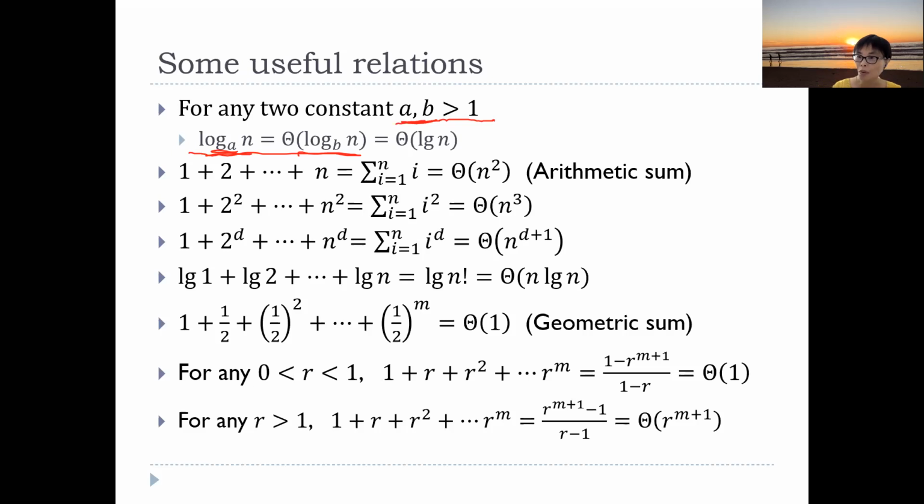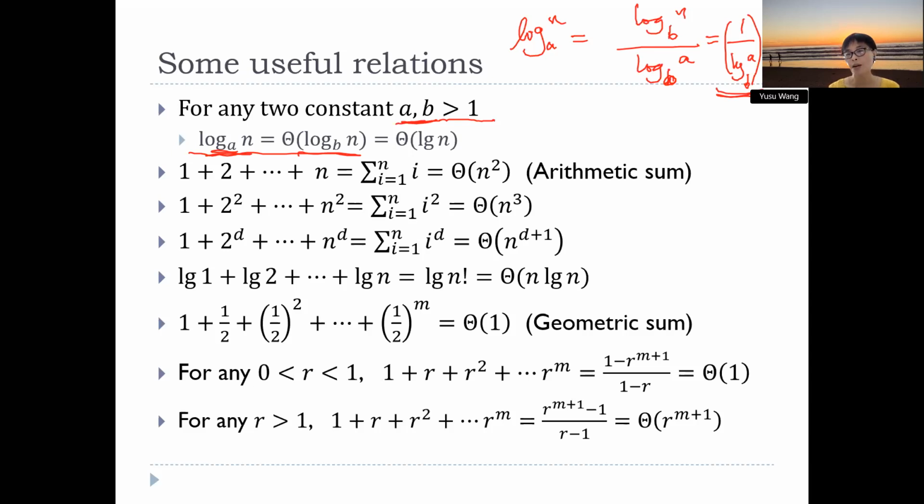The formal way to prove this is that, given this function, I can use the change of base formula to write it out. Now, I don't care what that is, but this is a positive constant.